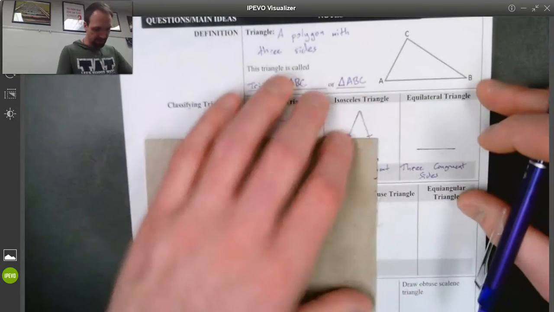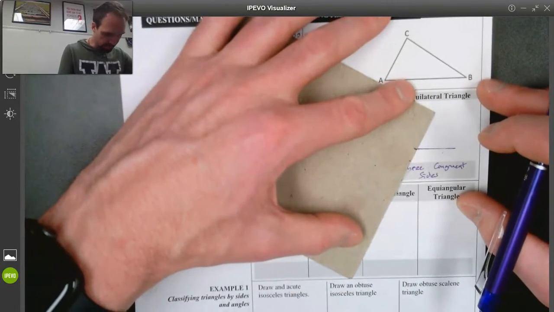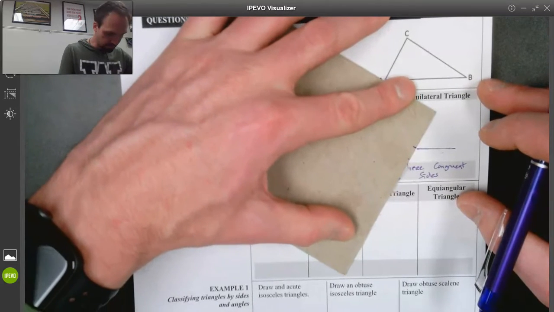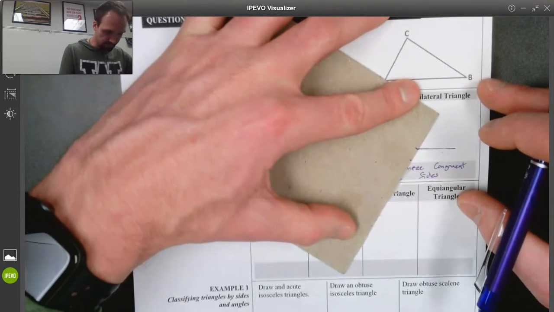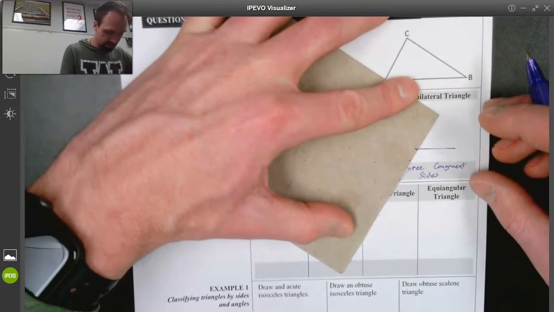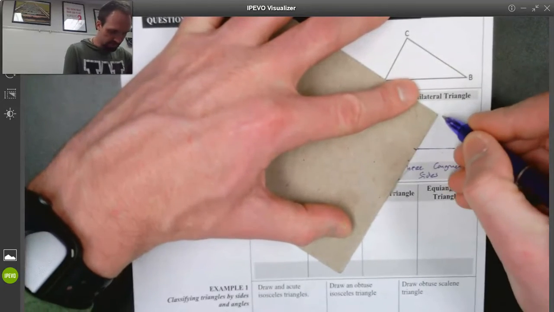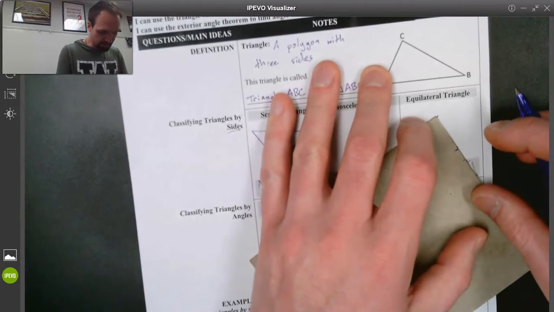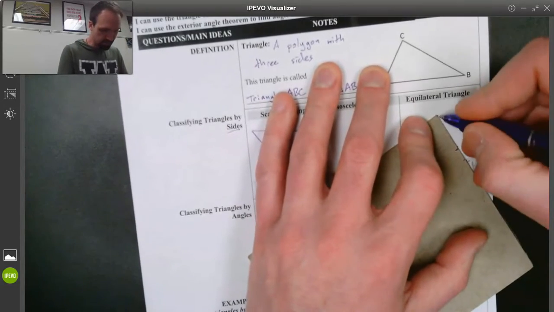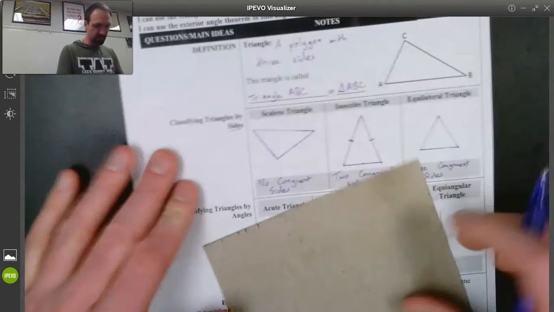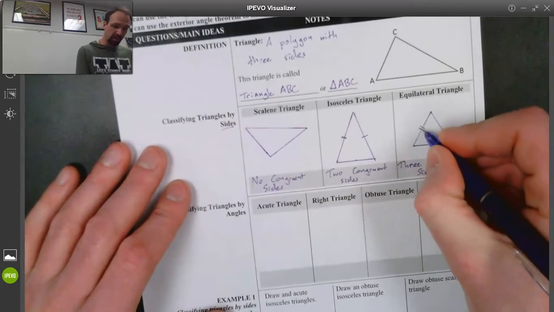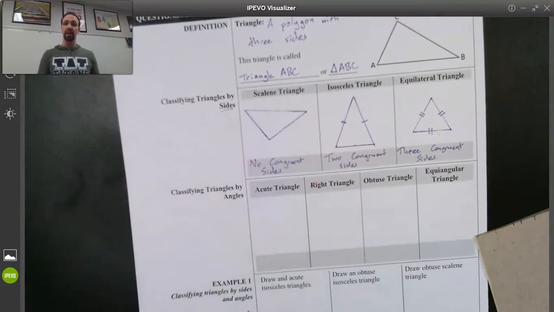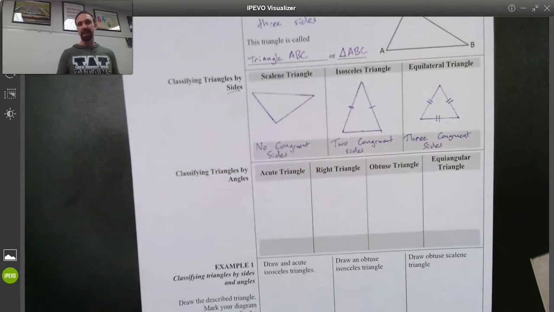I'm going to try and make it with congruent sides. Again, doing my best. Did I get it? Yep, I did. Sweet. Years of practice. So these are all three sides that are the same length. So that's classifying it by sides.